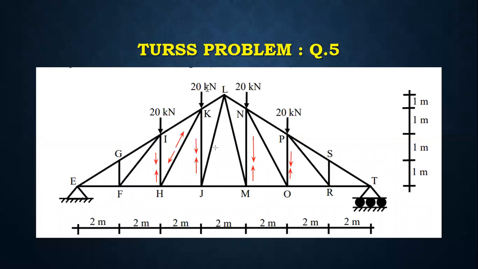Again, the inclined member JK tries to pull the member LJ, so the inclined members LJ and LM are subjected to tension. So finally we are left with FG and FI and RP and RS. These four members will not be subjected to any forces. So that is the final answer.